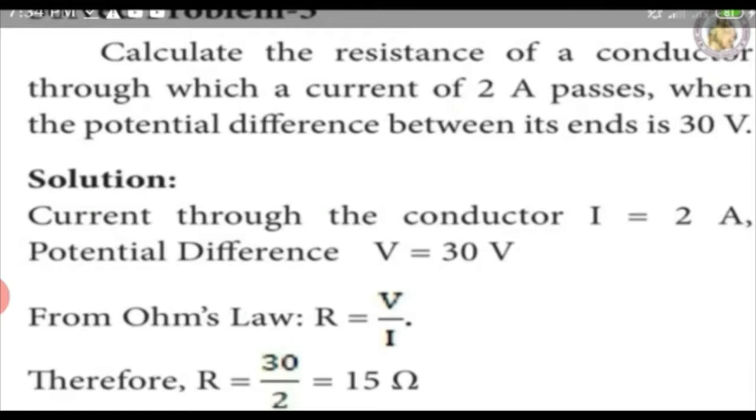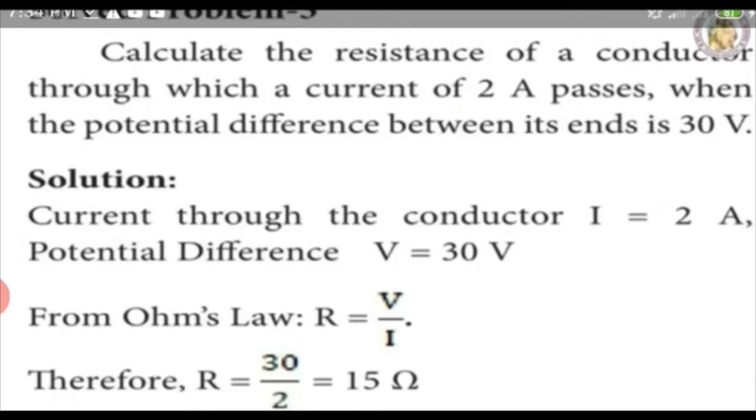Next, from Ohm's law, we know the formula. V is potential difference. V is equal to I into R. From Ohm's law, you can write R is equal to V divided by I. Next, I can substitute the values. R is equal to V, potential difference 30 is given, so 30 divided by I. The I value is 2.